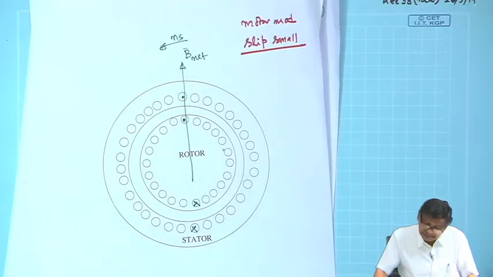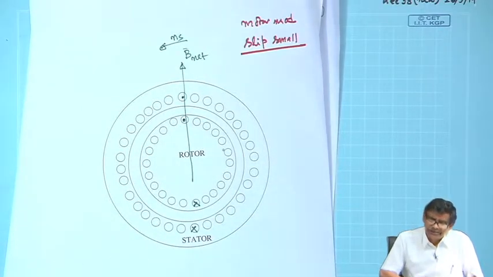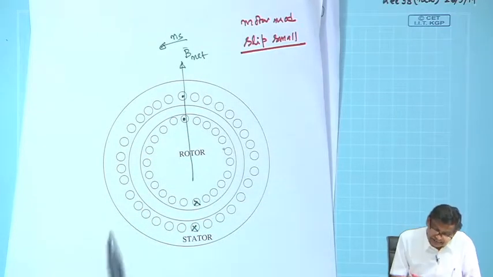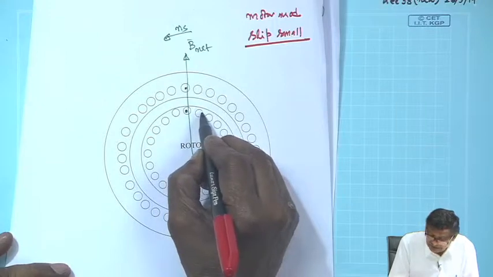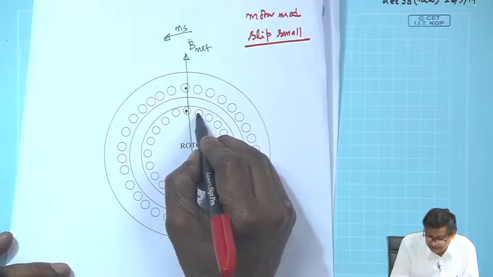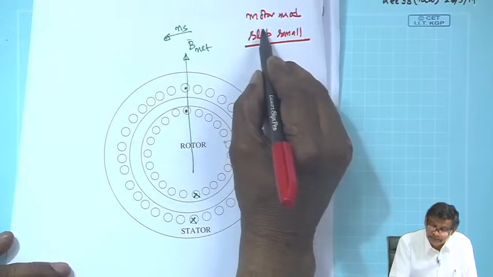But in that case, if slip is small, the magnitude of the rotor induced voltage is small, and whatever current it will cause, it will be almost in phase with the voltage. In that case, what will happen? A conductor on the right already has seen maximum voltage a little away from this, depending upon exact magnitude of the slip.